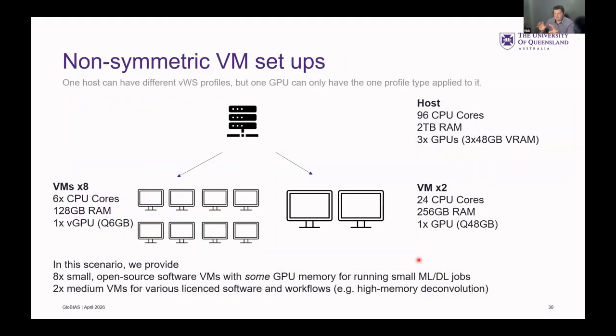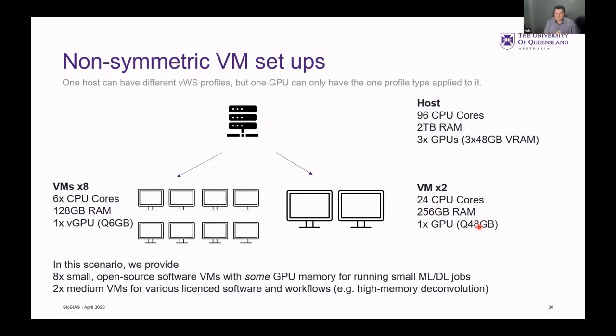And this is based on one of our hosts that we run concurrently at the facility, or the platform. So we have a single host that's got 96 CPU cores, 2 terabytes of RAM, and 3 of these L40S GPUs. So we have two of what I would class as a medium VM, with 24 CPUs each and 256 gig of RAM, and they each get one whole GPU.